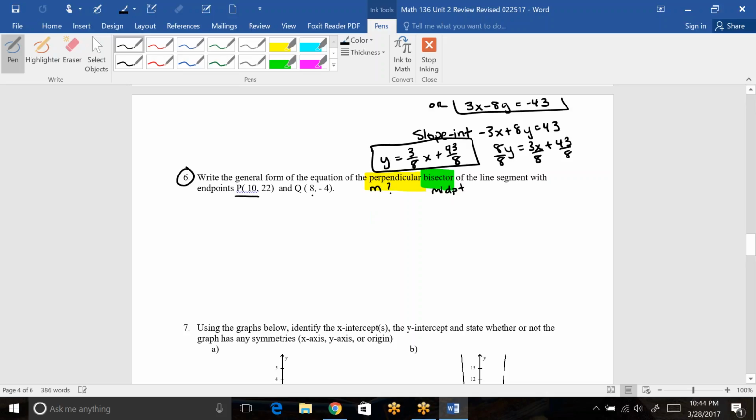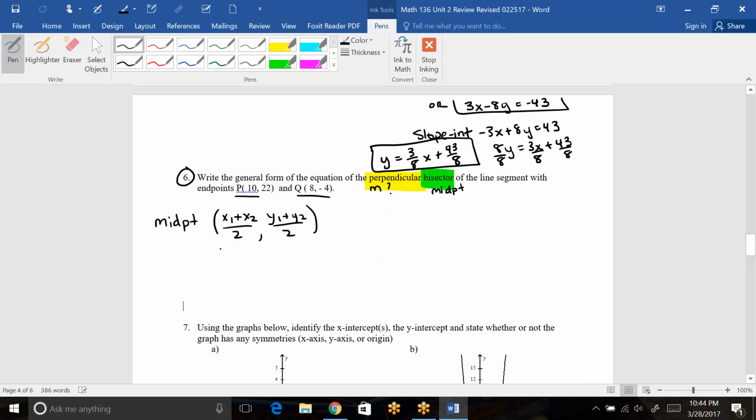So since all I have is two ordered pairs, I can use those to find the midpoint, and I can use them to find a perpendicular slope. So the first thing I'm going to do is the midpoint. Our midpoint formula was that you add your x's together, you cut them in half. You add your y's together, you cut them in half.